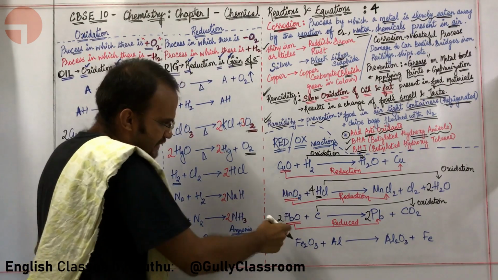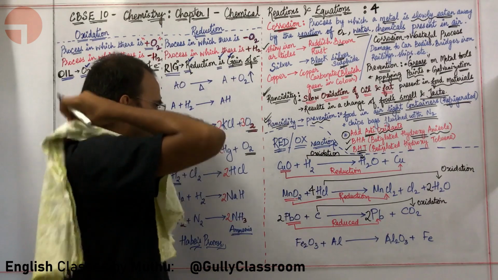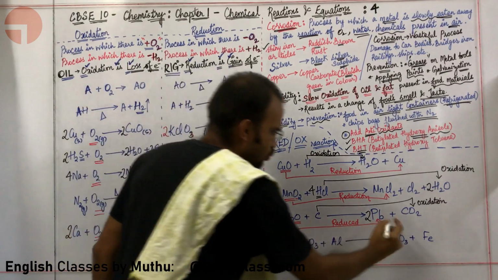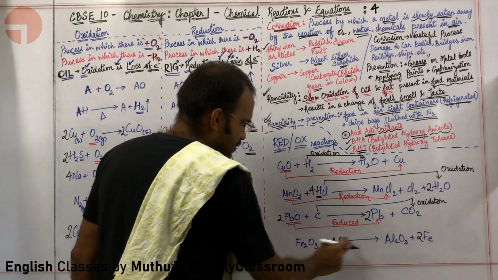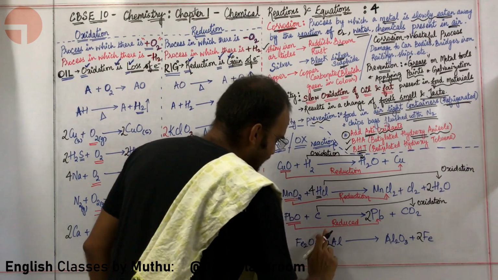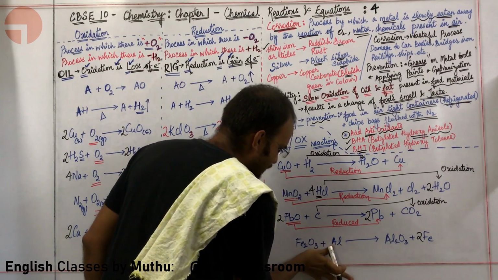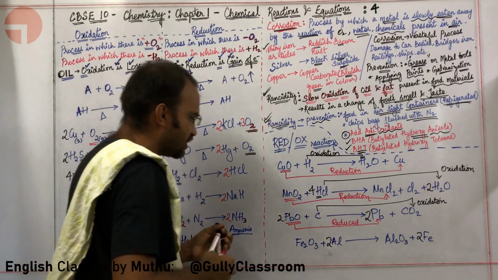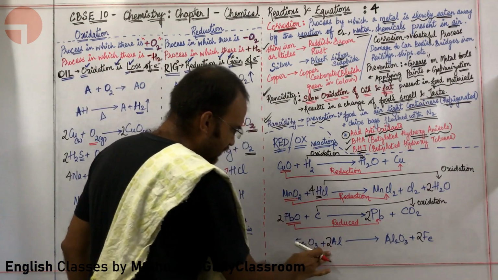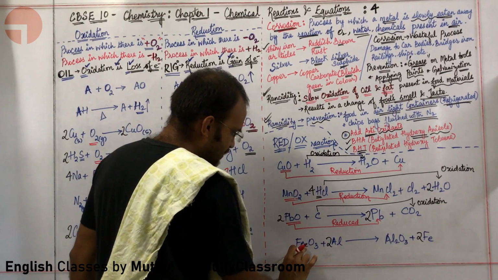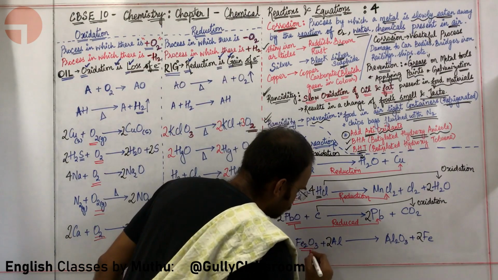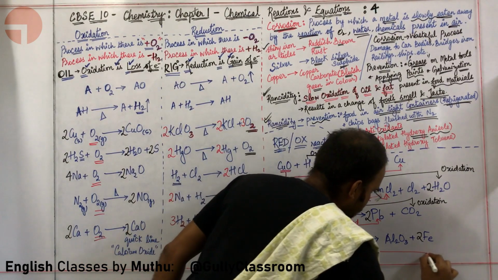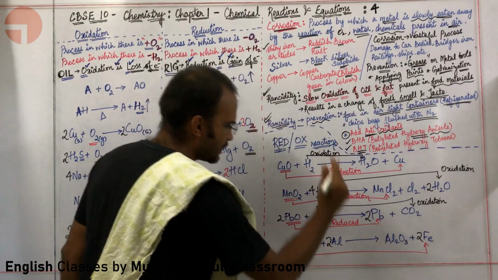Okay, now let us balance this particular equation. Here there is 2 iron, here there is 2 aluminium. So the reaction is completely balanced. Which is getting oxidized and which is getting reduced? Look here, sir. Here there is Fe2O3. Fe2O3 is losing its oxygen.